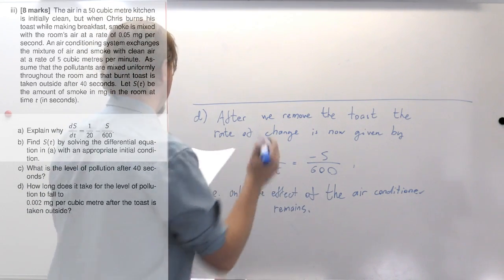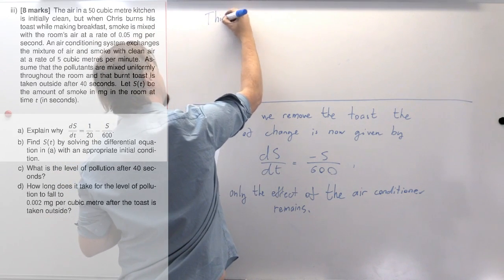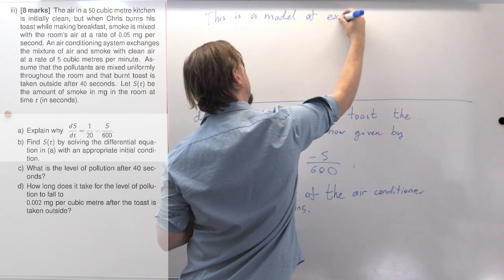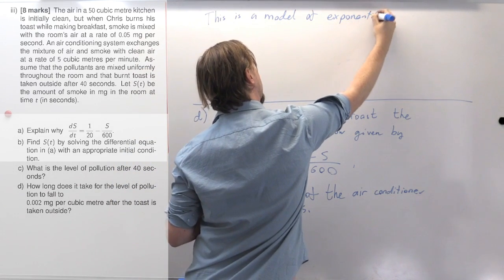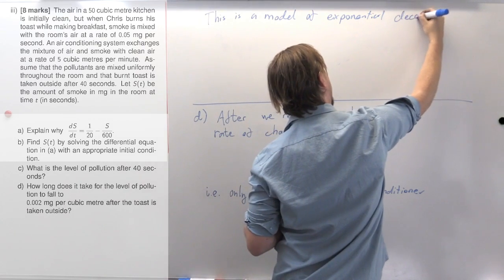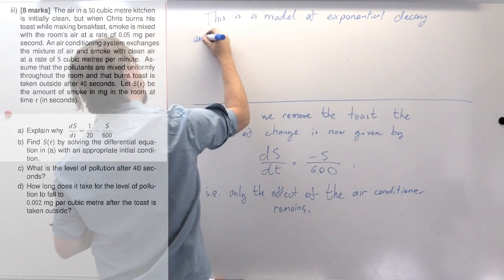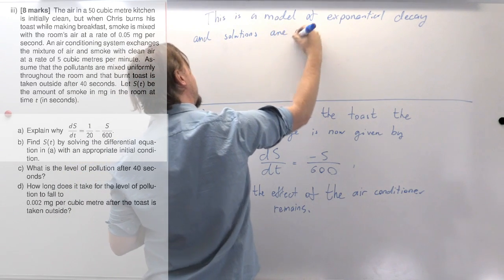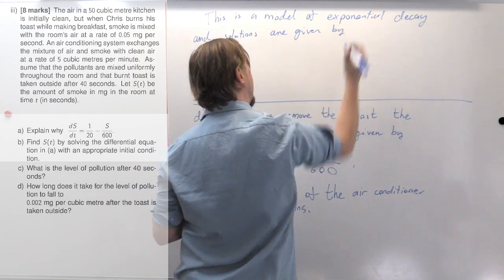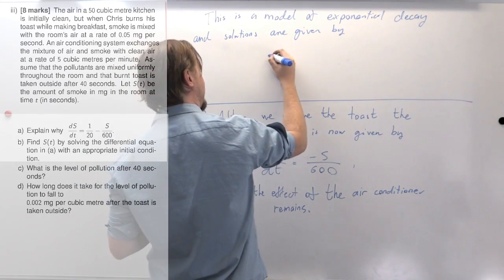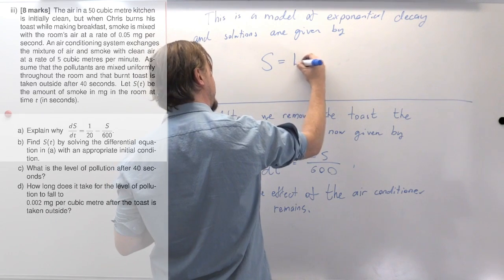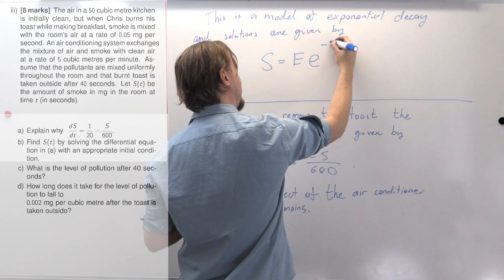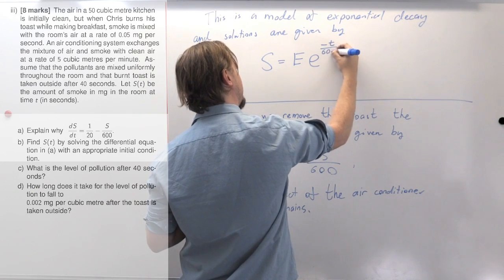There are various ways you can get it, but this is a model for exponential decay. And solutions are given by, well, the level of smoke will be some constant, I don't know yet, times a decaying exponential, in this case e to the minus t over 600.